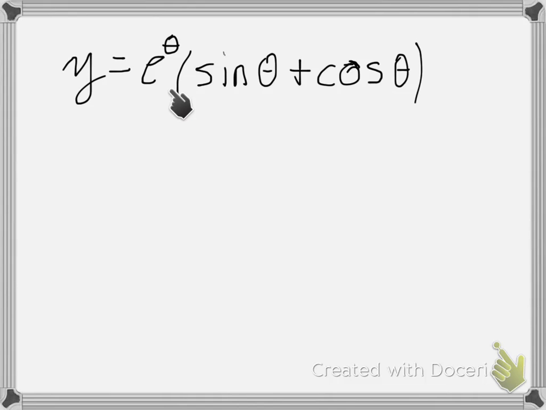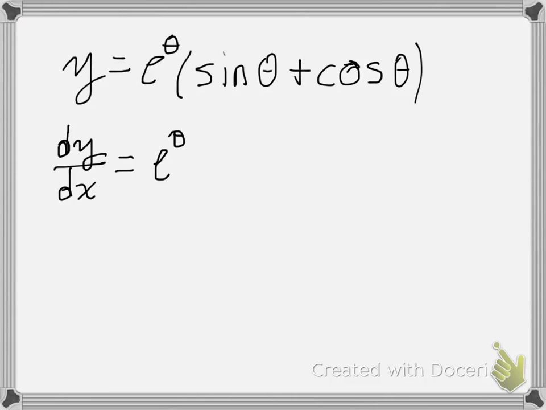Now, the product rule just means that we're going to take the derivative of one of the terms, so e to the theta. The derivative of e to the theta, remember, it's e to the u times du over dx. So e to the theta, the derivative of u, which is theta, that'd just be 1. So it just ends up being e to the theta, because 1 times e to the theta would be e to the theta.